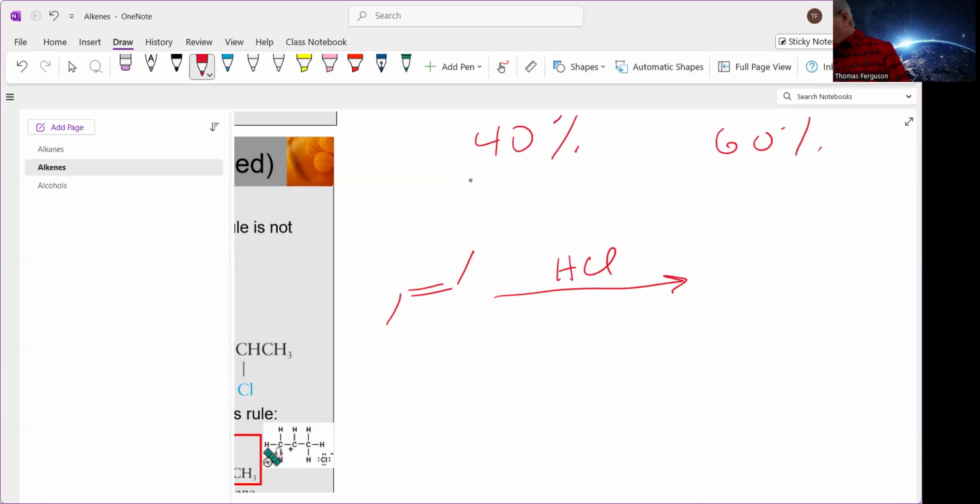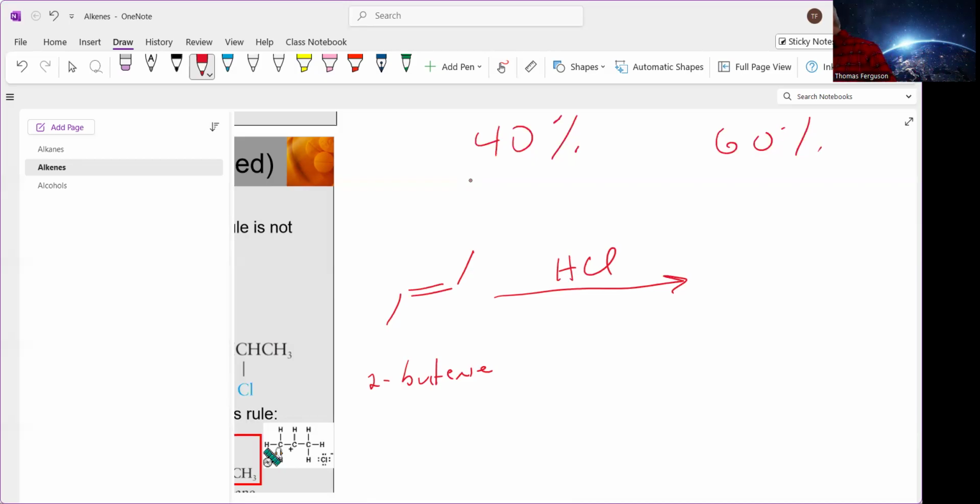Okay, we've got 2-butene. I'm going to add HCl across that double bond. This is the third addition reaction.